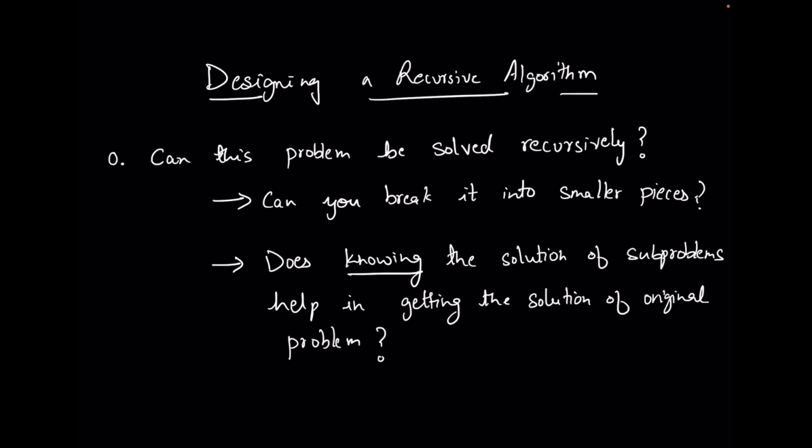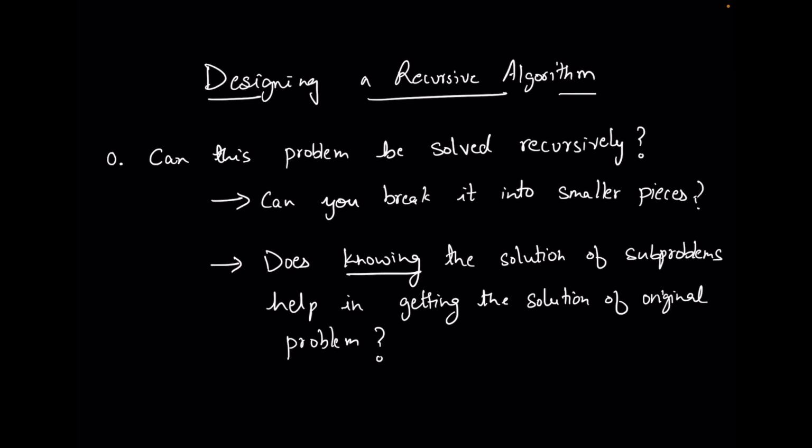In other words, if you know the solution of these sub problems, can you in some way combine them to get the solution of the original problem, right? So if we answer both these questions positively, we can say that we can solve this problem recursively, right?